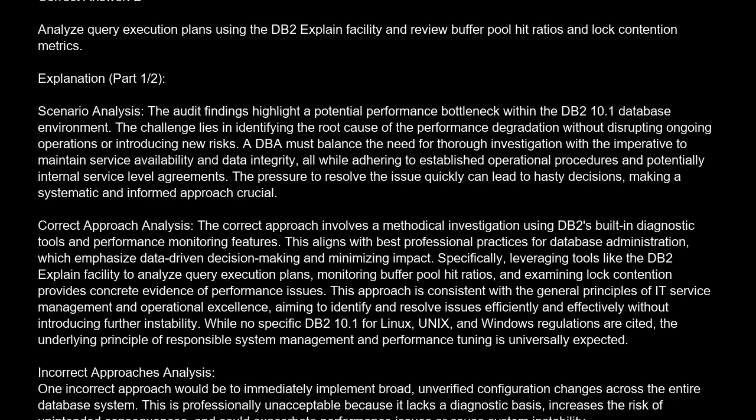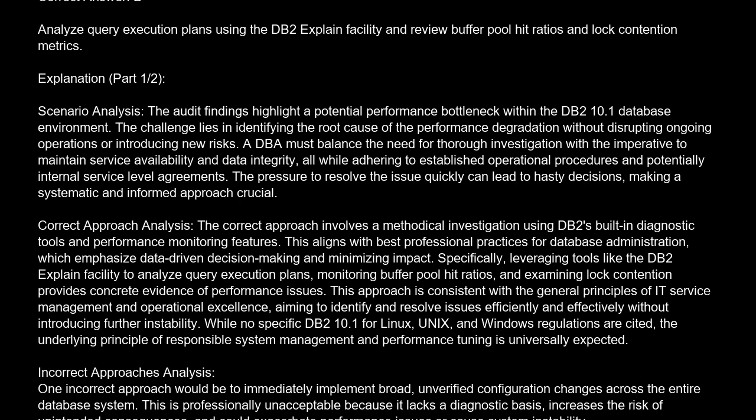A DBA must balance the need for thorough investigation with the imperative to maintain service availability and data integrity, all while adhering to established operational procedures and potentially internal service level agreements. The pressure to resolve the issue quickly can lead to hasty decisions, making a systematic and informed approach crucial.